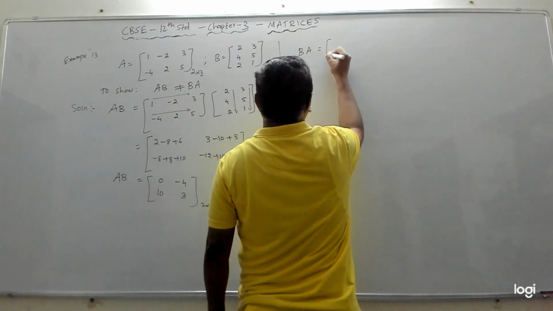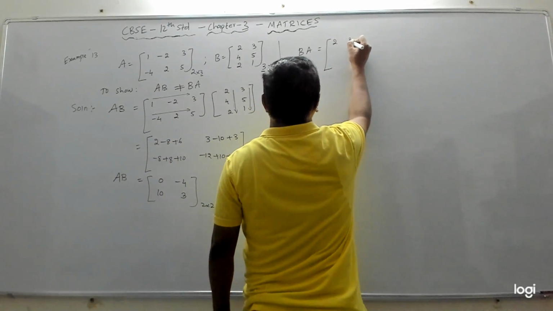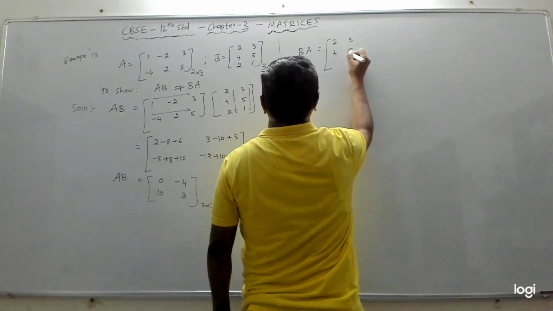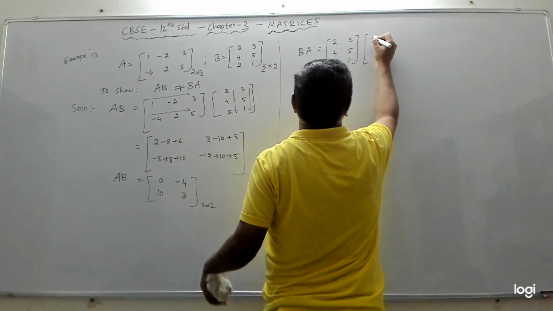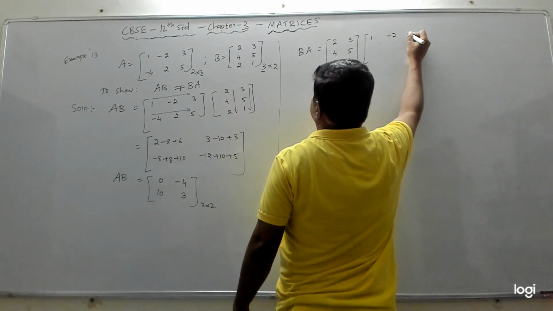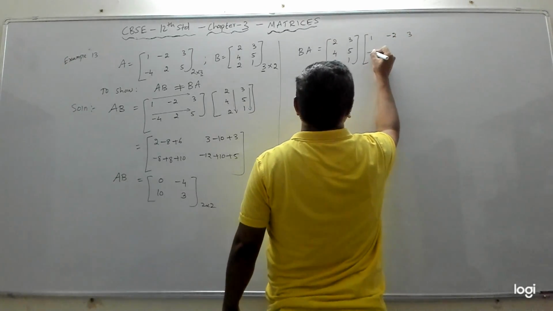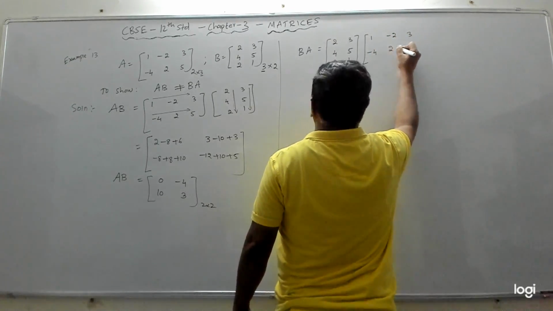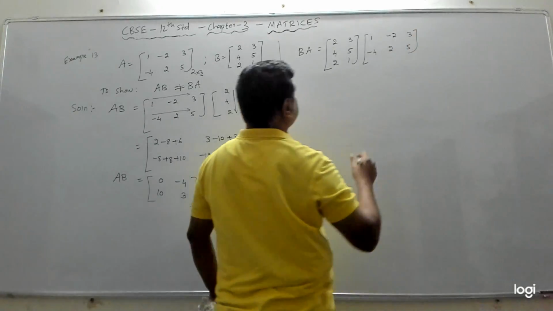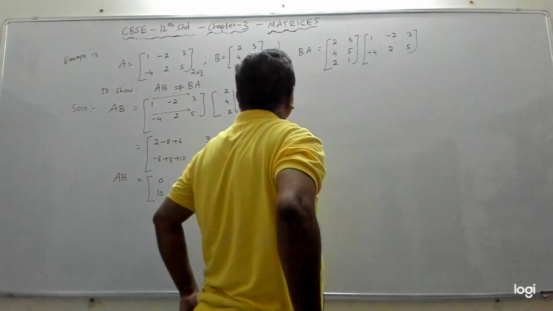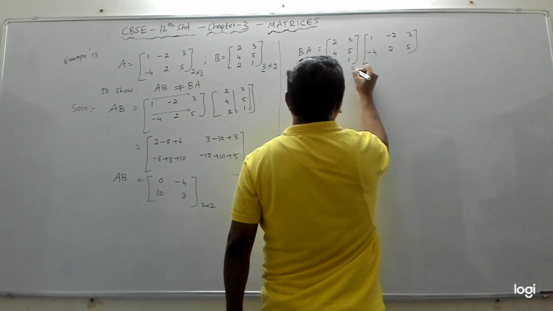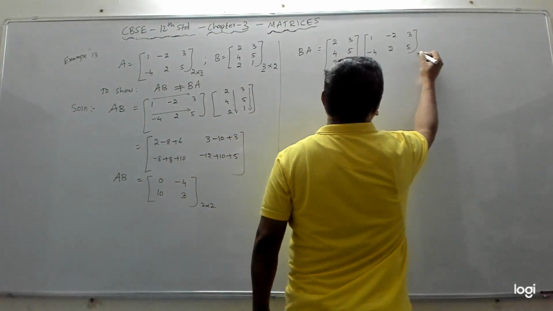Now let's write the B matrix: 2, 3, 4, 5, 2, 1. Multiply this with the A matrix: 1, minus 2, 3, minus 4, 2, 5. The order of B is 3 cross 2 and the order of A is 2 cross 3.